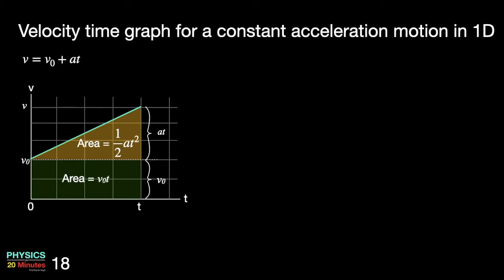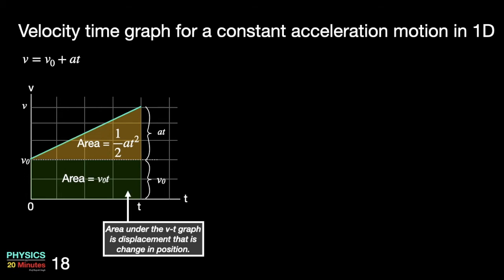We have learned in the velocity video that in a velocity time graph, the area under the curve represents displacement, that is, change in position. So here the change in position is the sum of the two areas, that is v0t plus half at square. There is another way to find the displacement, that is to integrate the above equation.